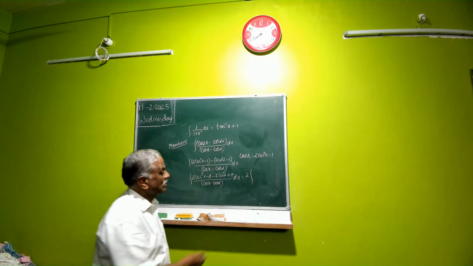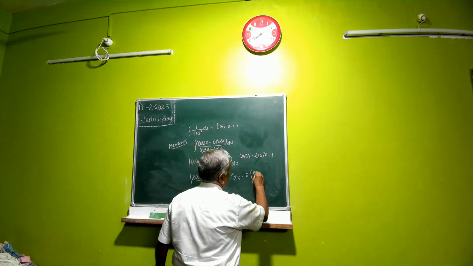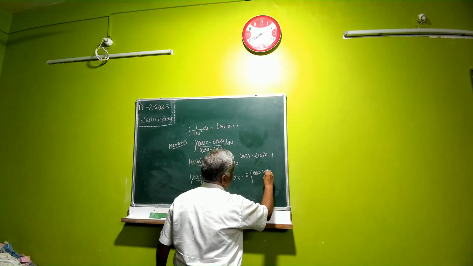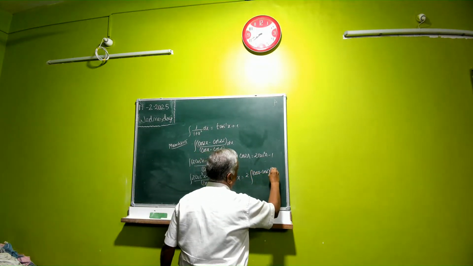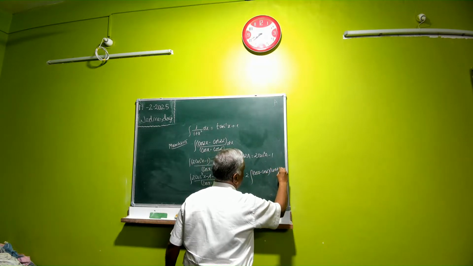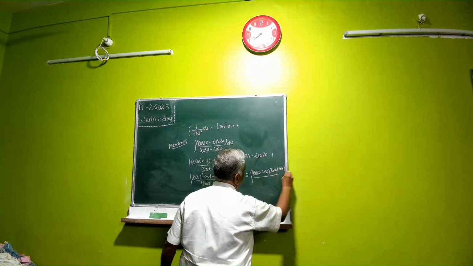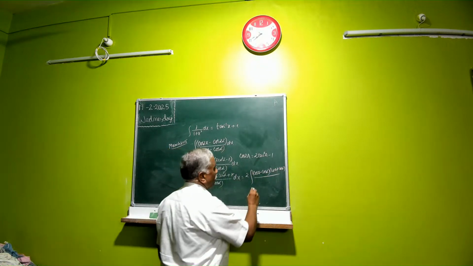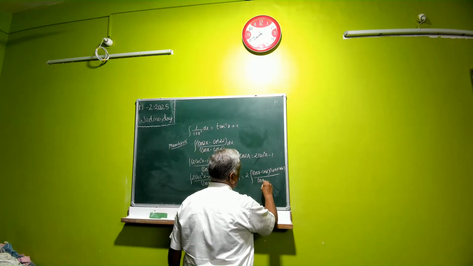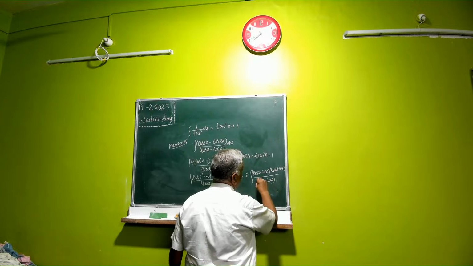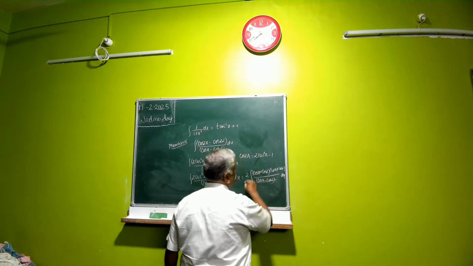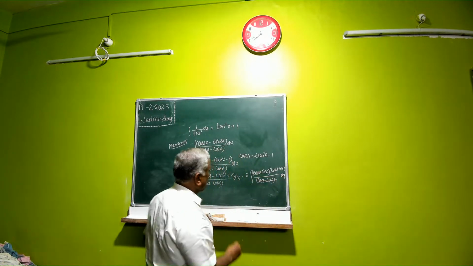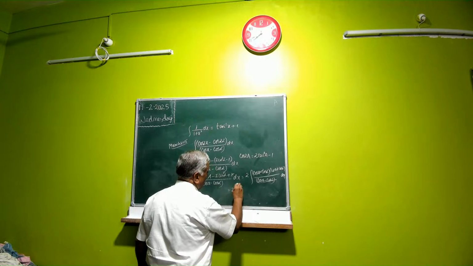Cos square x minus cos square alpha is cos x minus cos alpha into cos x plus cos alpha, since a square minus b square is a plus b into a minus b. The denominator is cos x minus cos alpha. So this will cancel.